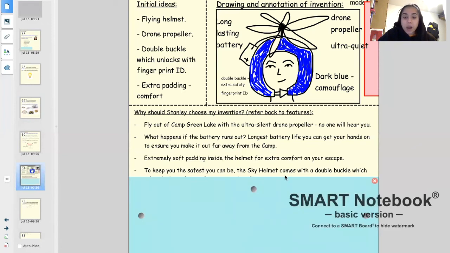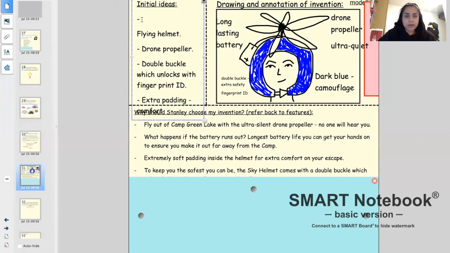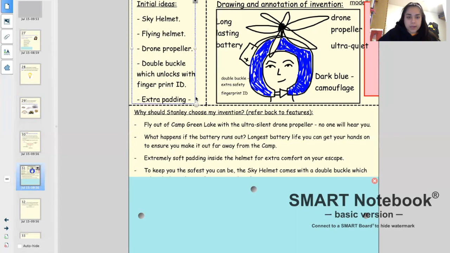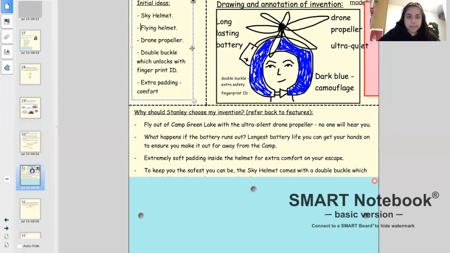Safest, the sky helmet. Oh, and in fact, in your initial ideas, include the name of your product. So let me put that here. I've got sky helmet. So those are my ideas there.